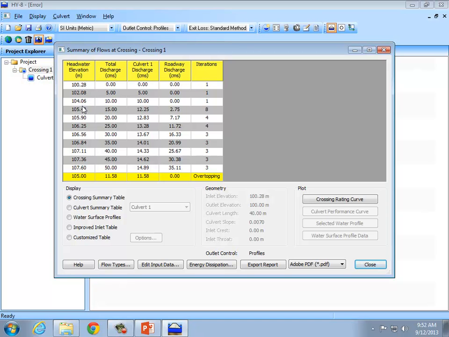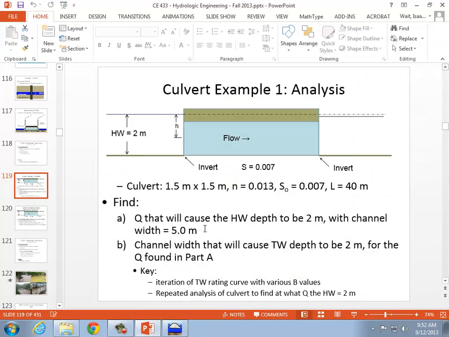Okay, so we click Analyze, and this is what it gives us. Headwater elevation versus flow rate, discharge. And now, I should have maybe picked a different datum because it's starting at a headwater elevation of 100.28, that is basically zero depth. And we're looking for what flow rate causes the headwater depth to be 2.